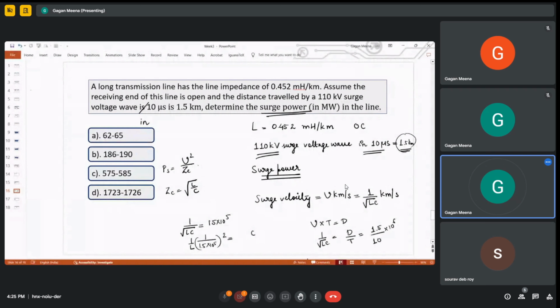It was 1.5 into 10 to the power of 5, and you need to do the square.